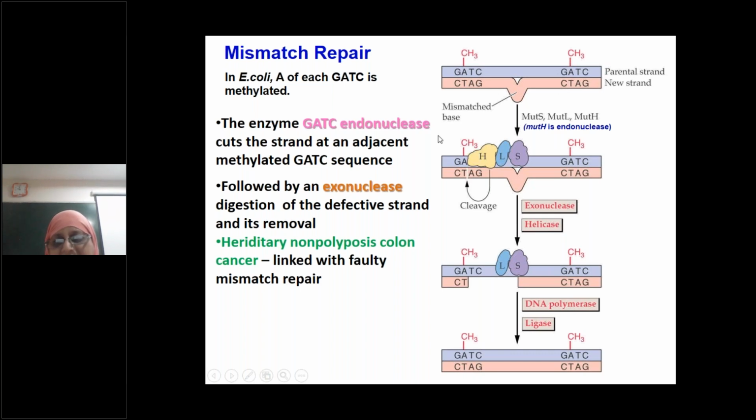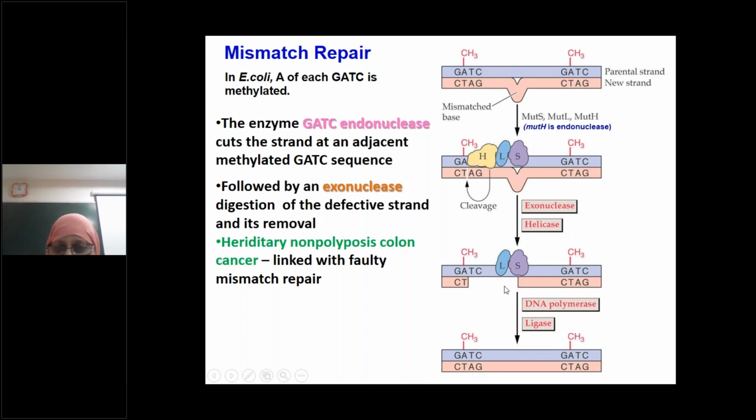So this GATC endonuclease, which has several subunits, will cleave on either side. This will identify the mismatch base, and cleavage will occur, followed by exonuclease digestion of the defective strand and its removal.